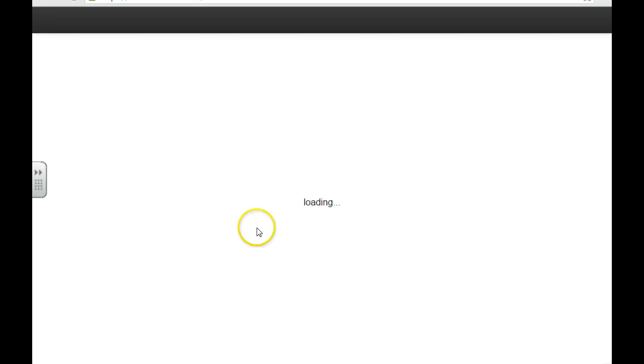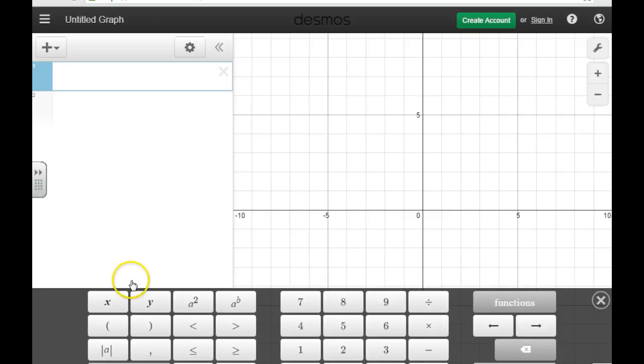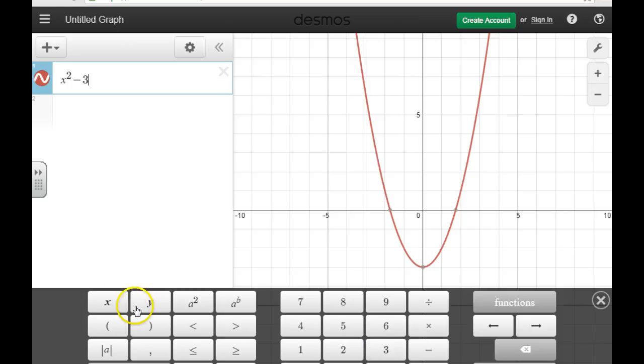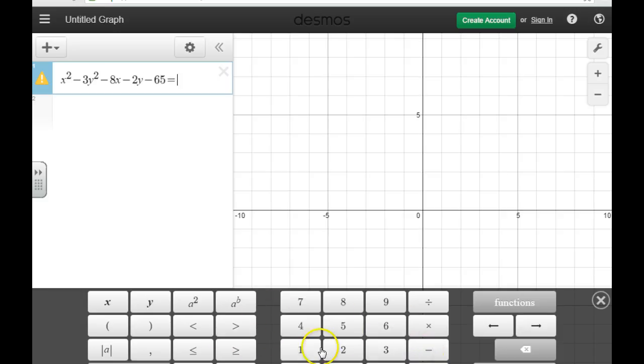Who's gonna be nice and read me the equation? The first one is x squared minus 3y squared minus 8x minus 2y minus 65 equals 0.